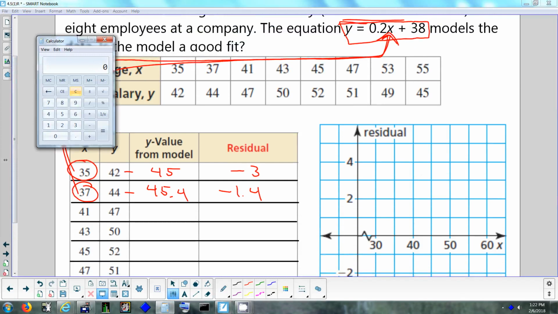41. Plug it in. Multiply times 0.2, so 0.2 times 41. Then what? Add 38, good. 46.2.